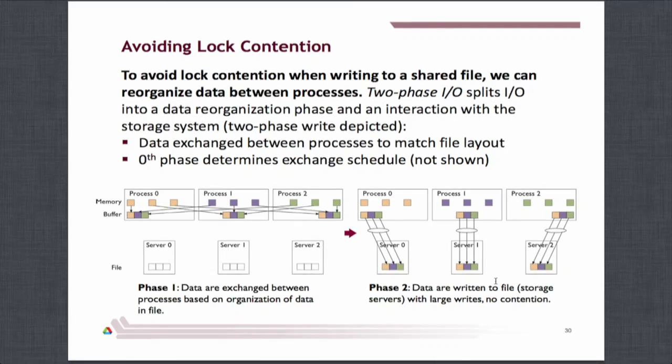The other thing is avoiding lock contention, so the libraries can do this for you too. If you do a collective write with MPI-IO or netCDF or HDF, what will happen is, even though you're expressing possibly many small write operations, it's fine if they're small if you're doing collectives, they will get aggregated by the library, by the system software, into big chunks somewhere in the system, probably on one of your compute processes, and then those big chunks will get written to the file system all at once.